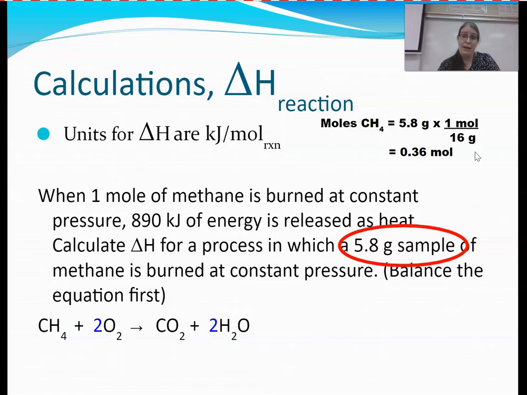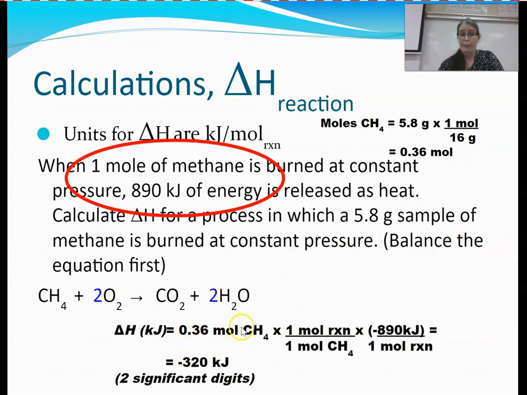And if you write that down and you show your units, it will help you to remember to look at the stoichiometry. Because just like in the stoichiometry unit, where we knew we couldn't cancel a mole of oxygen with a mole of methane, we had to deal with the mole ratio. We can't cancel the mole of methane with a mole of reaction.